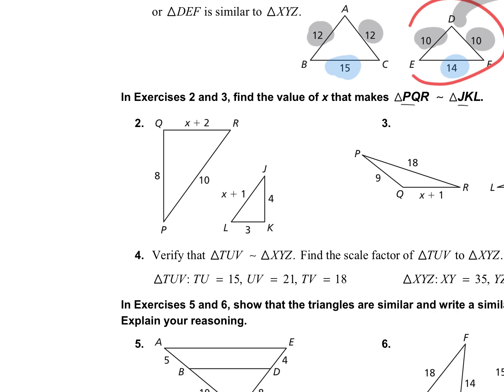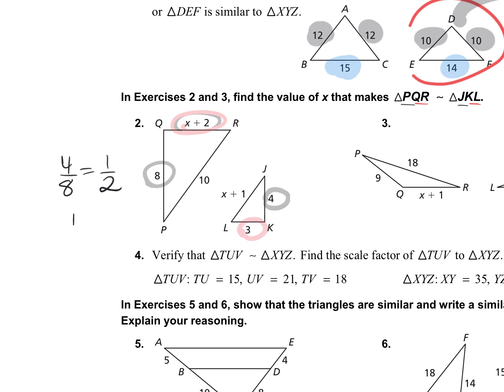PQ is here, and it's going to match with JK. So I could do 4 over 8. This is going to give me my side length ratio or my scale factor. And then I could match QR with KL. QR is here, and KL is here.